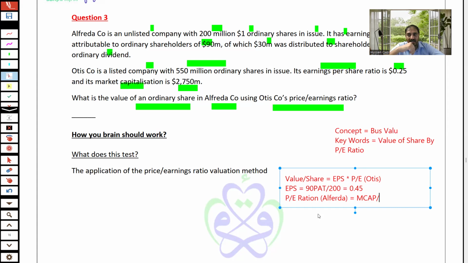Market cap divided by 550 million shares multiplied by 0.25. Or you can calculate market value per share, by the way: 2750 divided by 550 million, that's per share value, and calculate the price divided by earning per share. So that is about 20 times.